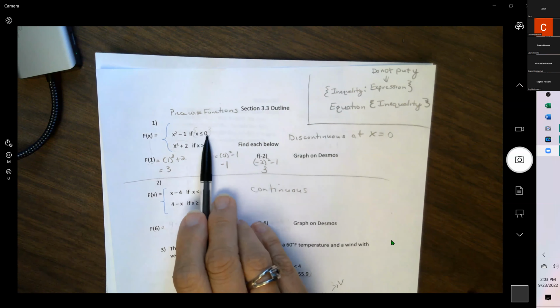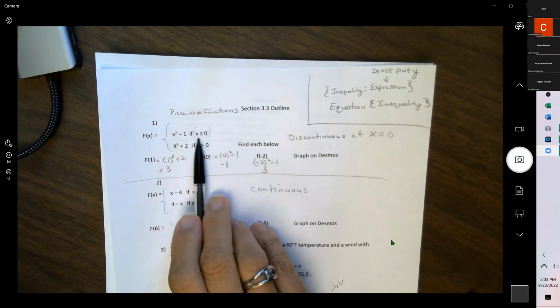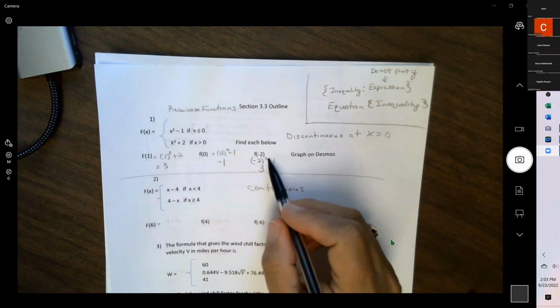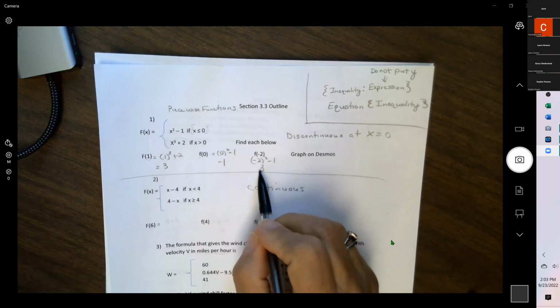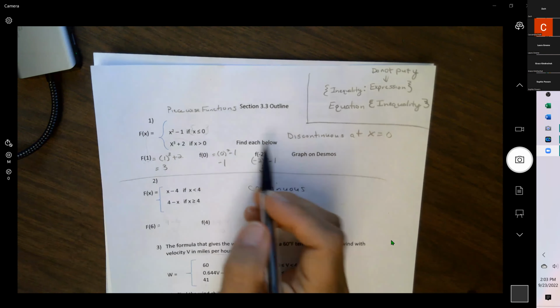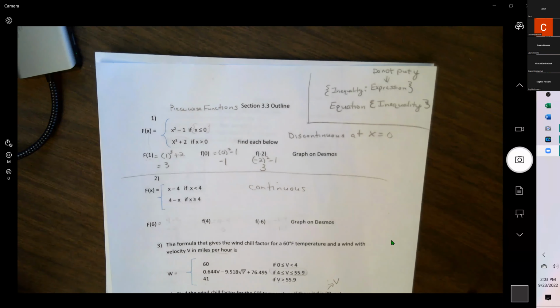It's less than. So it uses this one. So when we plug in, negative 2 squared is 4 minus 1 is 3. Any questions on which one to choose? Like the top or, in this case, top or bottom equation.